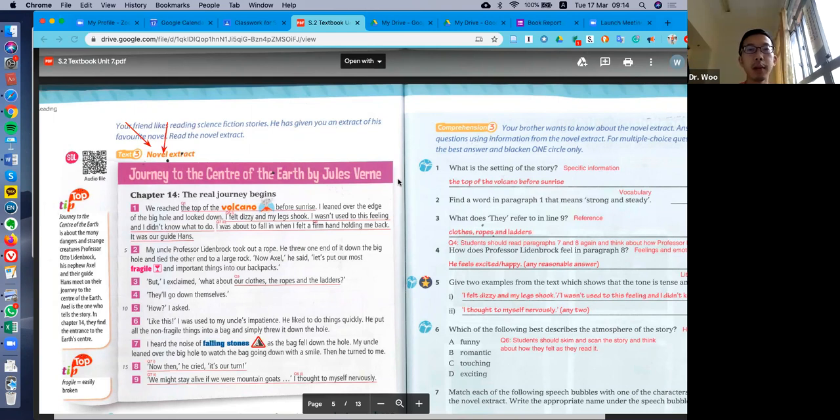What is the name of the story? There's one word that tells you that the name of the story is over. Okay, great. Super. So the name of the novel is Journey to the Center of the Earth.